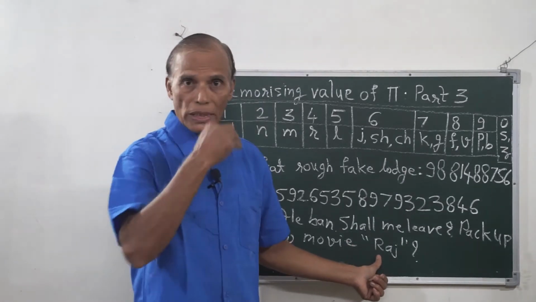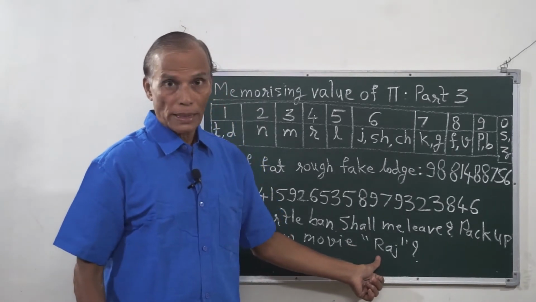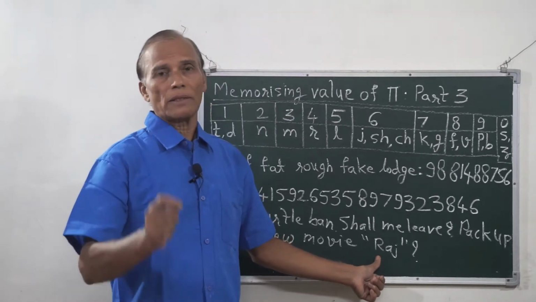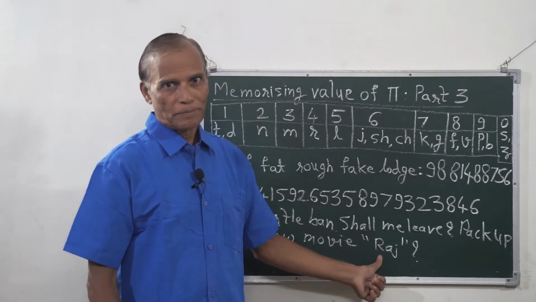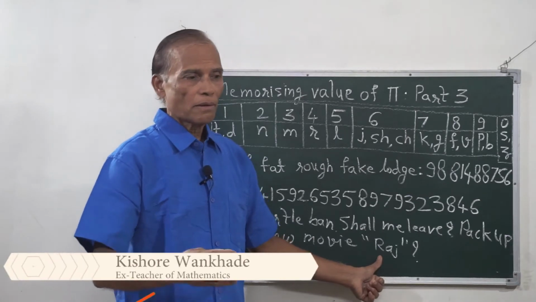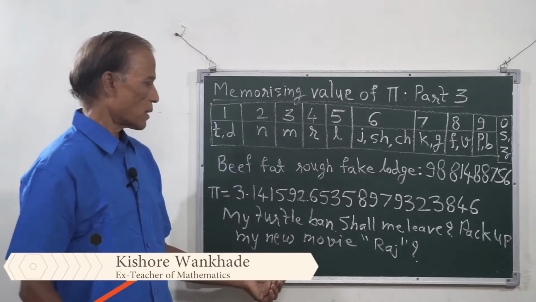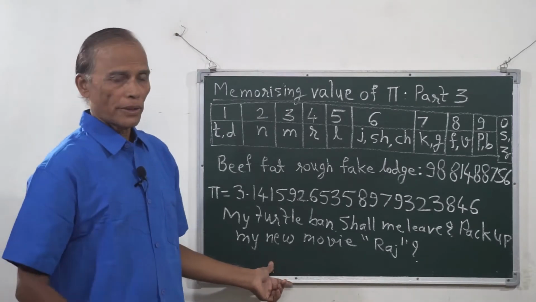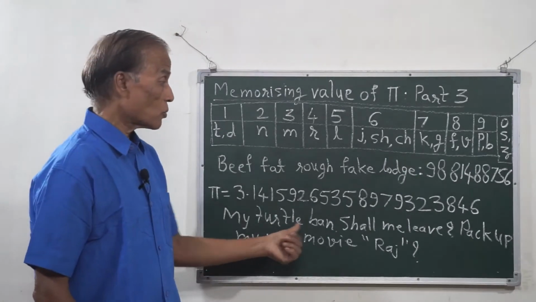I am making a new movie whose title is Raj, and I am using a turtle in that movie. But turtle is a banned thing, and police come and take away that turtle. So now shall me leave?